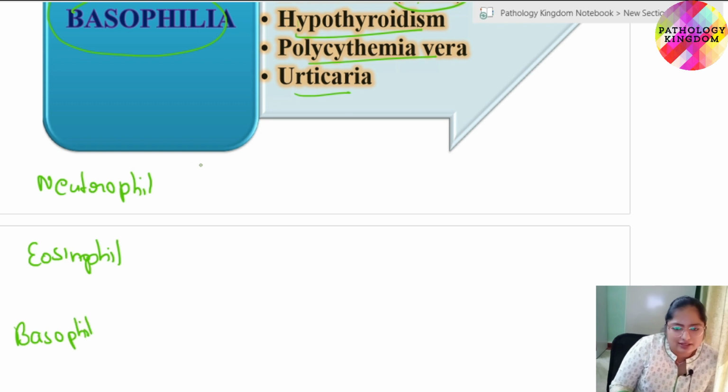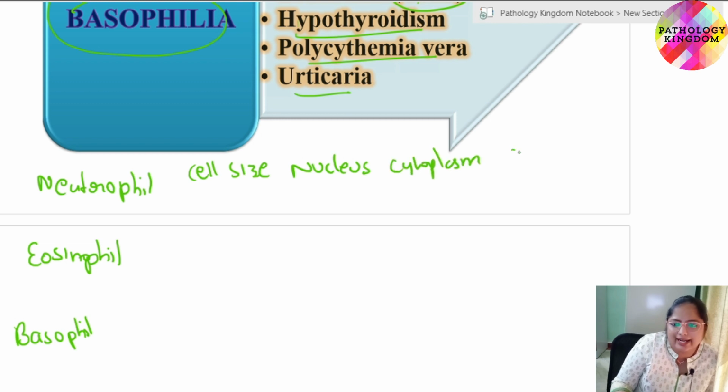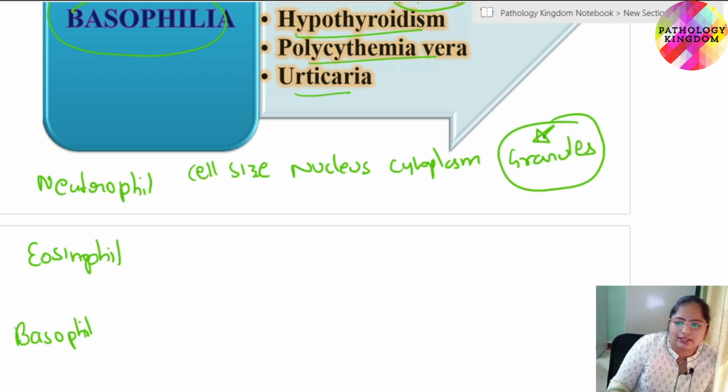We have discussed their morphological features, that is cell size, nucleus, cytoplasm and granules. These are the important features which help in differentiating neutrophil, eosinophil, basophil. These three features are somewhat similar.